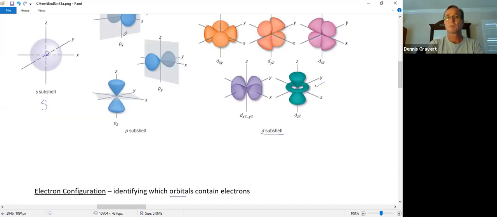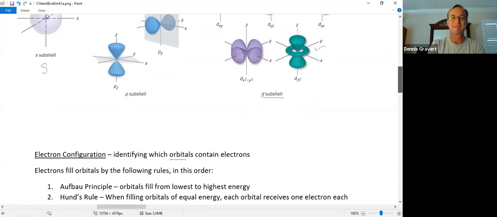So it turns out the P orbitals generally have the same amount of energy. So if you start filling P orbitals, instead of putting 2 electrons in one of the P's, put 1 electron in each of the 2 P's. And then if you add a 3rd electron, put it in the other P. And eventually if you put in 4 electrons, well now put a 2nd electron, pair up electrons in one of the other P's.